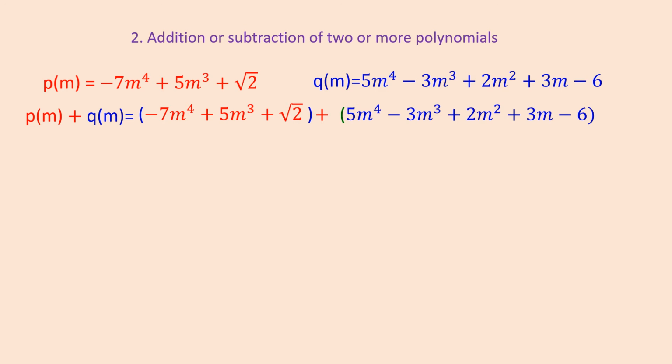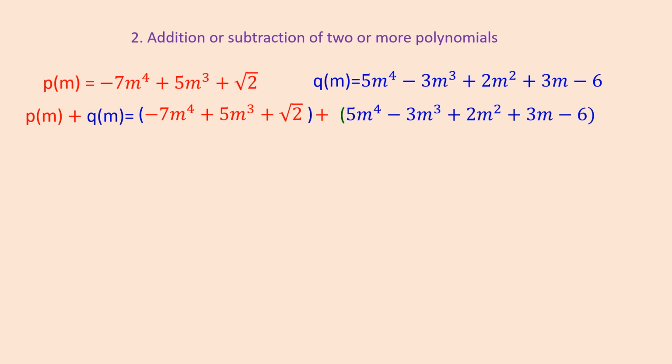Now as you can see, the two brackets are there and between them we have a plus sign. Plus sign means it is plus 1, and when you multiply plus 1 to the second bracket, because it is just outside the second bracket, the sign won't change, because plus into plus will give you plus and plus into minus will give you minus.